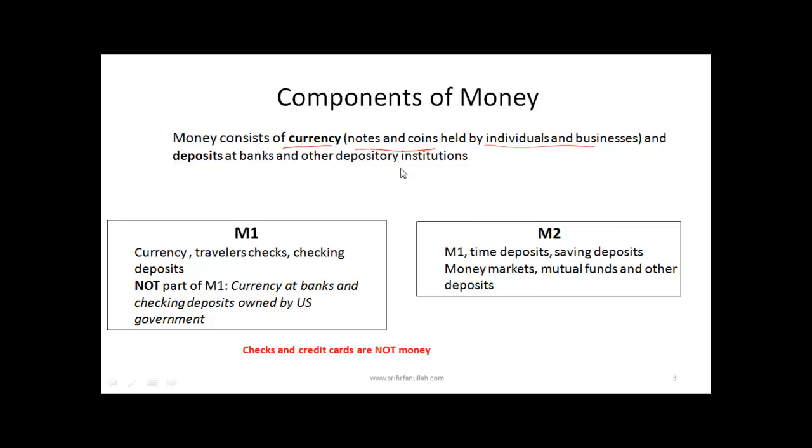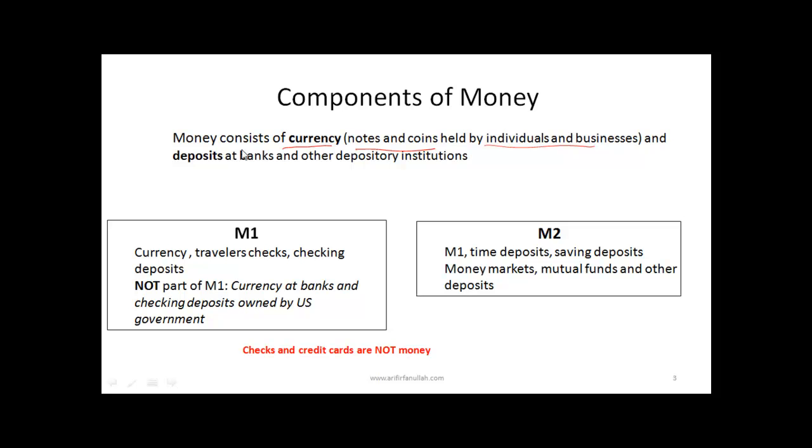But if we have deposited some money at a bank, our deposit or our account over there, if our account says that Saad has 5,000 rupees at the bank, that deposit is considered money. But if the bank happens to have 100,000 rupees in cash, that is not considered part of money. And you are going to see why. If you didn't understand that fully, just take it as a given and you'll understand the logic shortly.